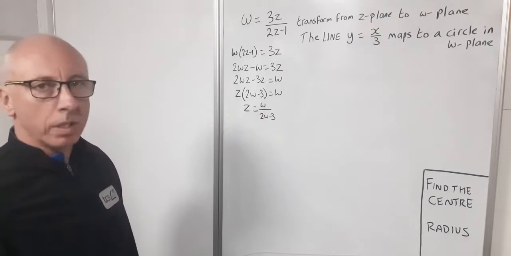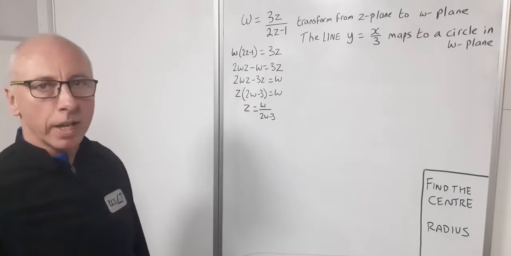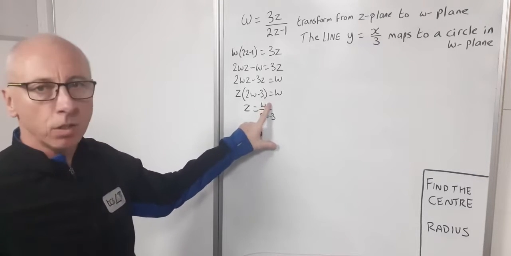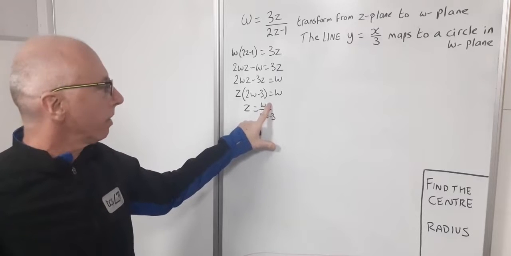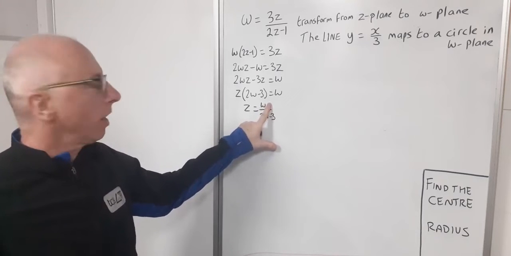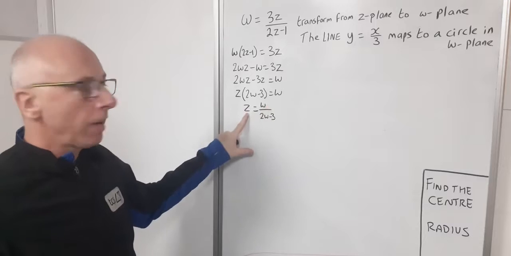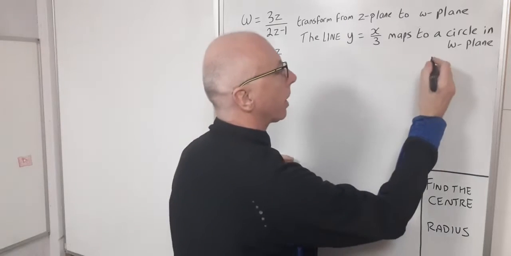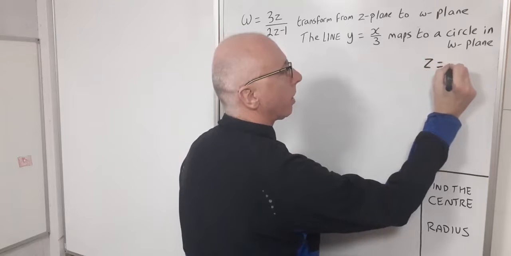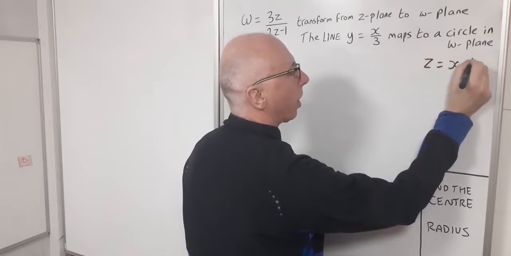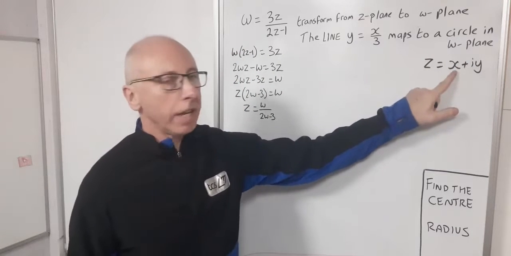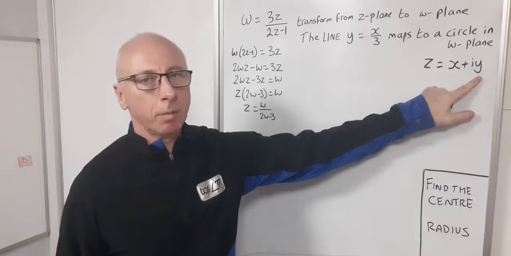Okay, now next stage, what can we do next? Well, z is a complex number and w is a complex number. So let's define our complex variables z and w in terms of that. So z equals x plus iy, where x and y are real numbers. x is the real part, y is the imaginary part.